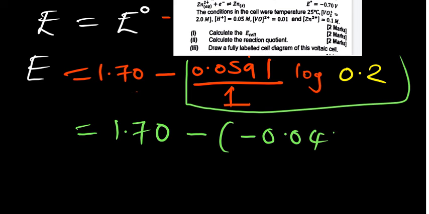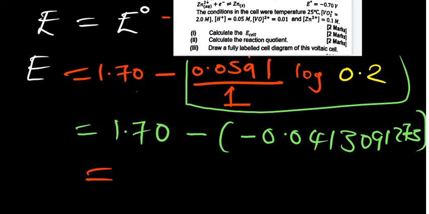Just confirm my answer if you get it, because I'm using a phone to calculate that. And then it will become positive now, which will give us what? 0.741. Okay.